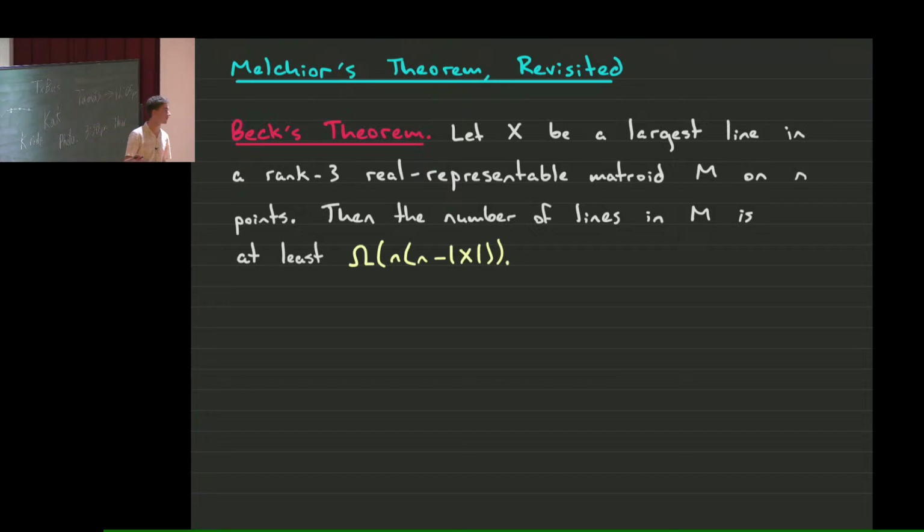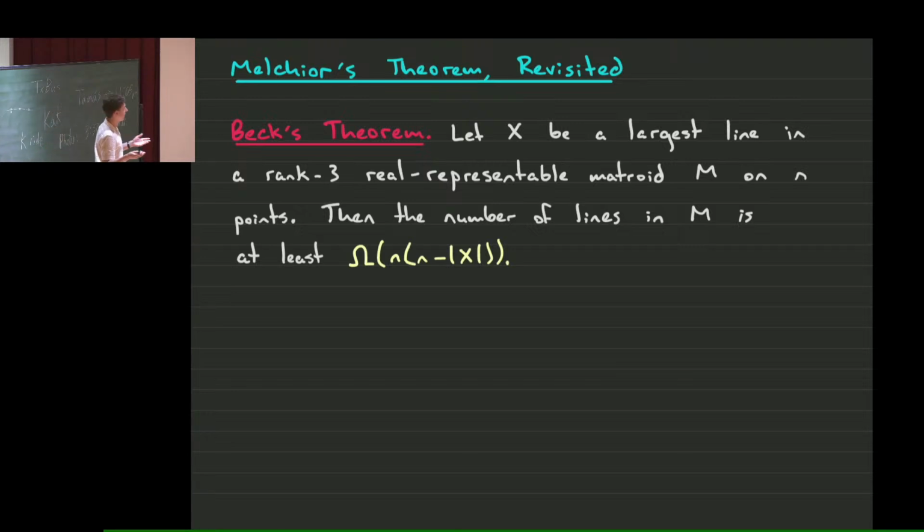So you take your matroid, say that it's on n points, and you take a largest line in your matroid, call it x. Then the number of lines in your matroid is approximately n times n minus the size of x. I've written omega here, but it's easy to check that this is a best possible bound. So this really is a good approximation on the number of lines.